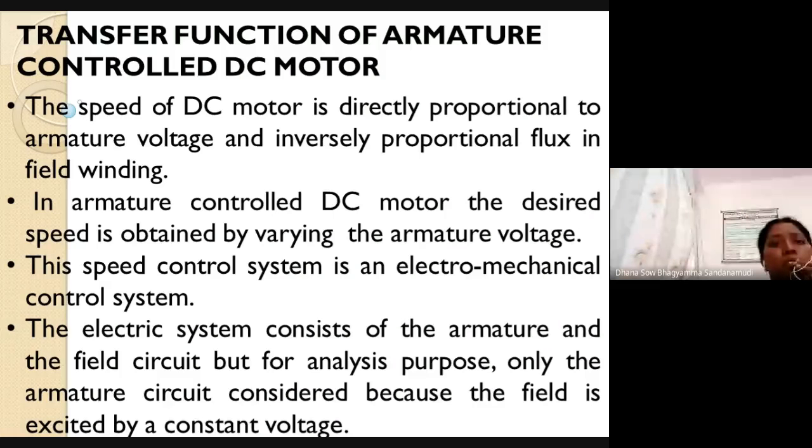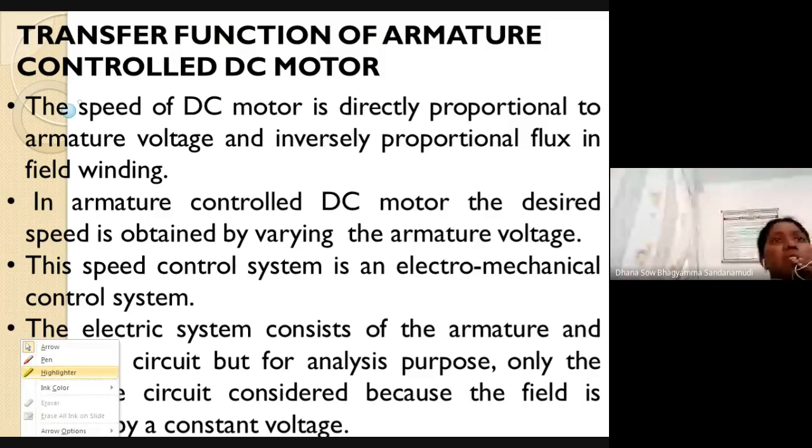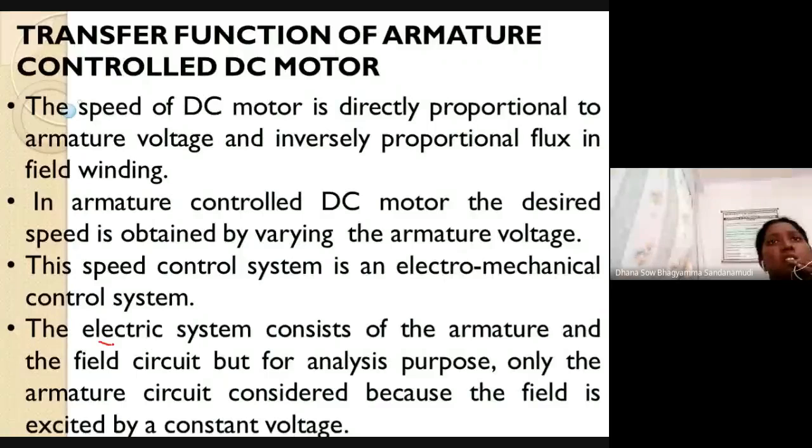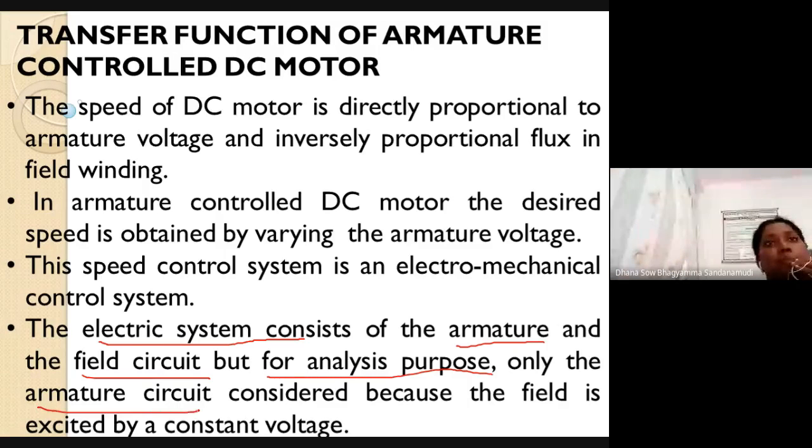This electrical system consists of both an armature and a field circuit. The motor machine consists of an armature and a field circuit. But since we are going to consider the armature speed control method, for analysis purposes I will consider only the armature circuit.